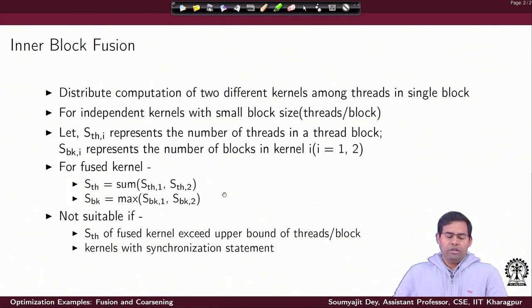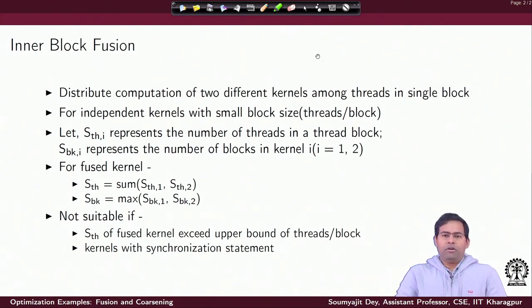Of course, if I am trying to fuse 2 kernels where each of the kernels has a lot of threads per block and the sum of STH1 plus STH2 is greater than 1024, the upper bound, maybe for a higher level of architecture that would be 2048. So, whatever is the upper bound for the GPU, if the sum crosses this upper bound, then this is not working, right.